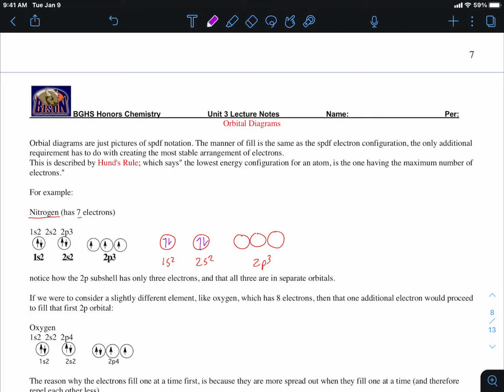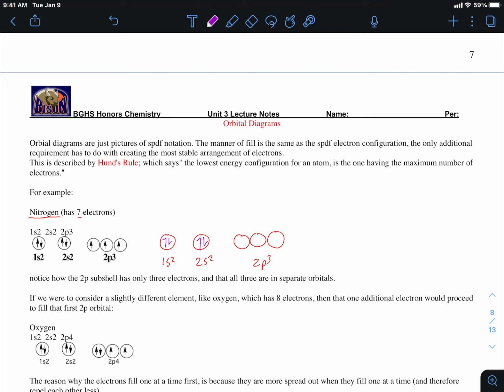So now in 2p, when we have more than one orbital in a sublevel, we put 1 in each before they can be paired.